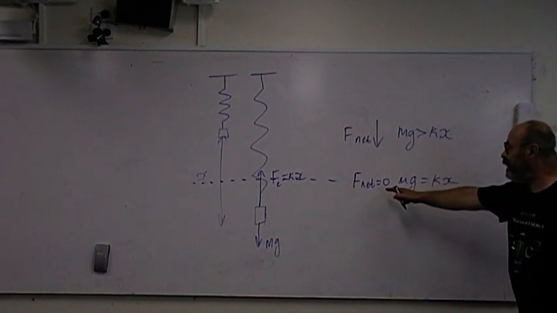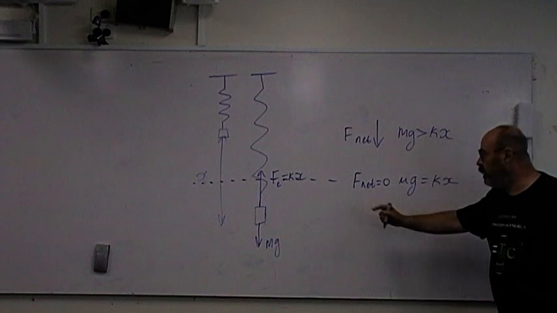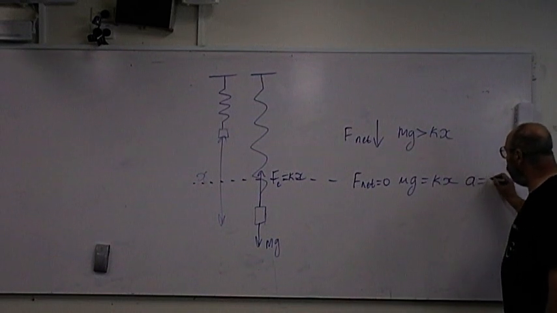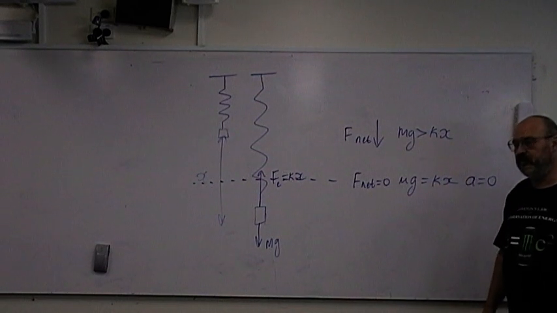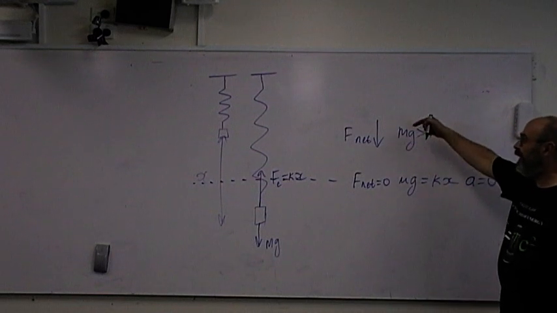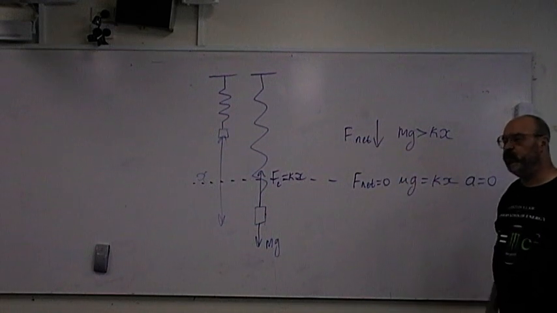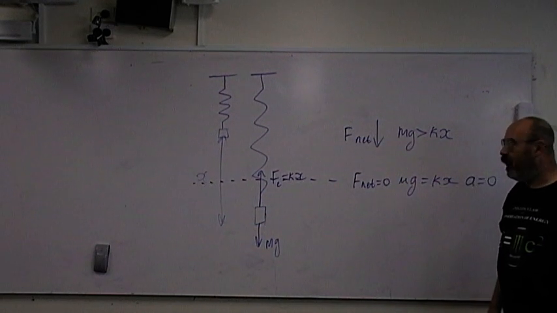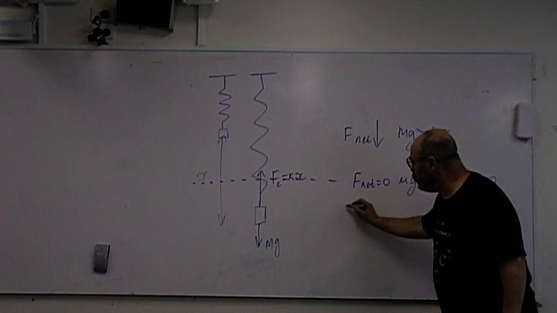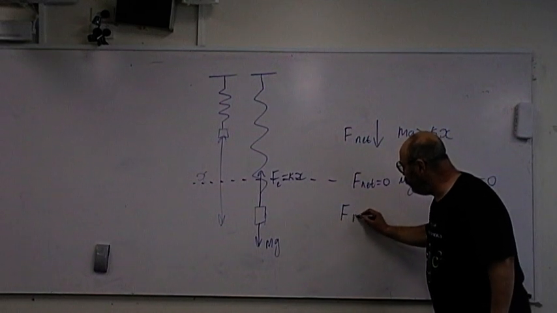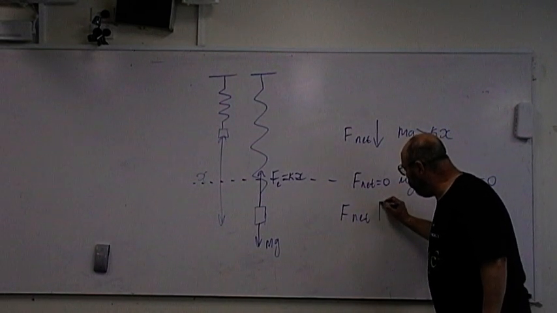Because net force is 0 here, acceleration in the middle is 0. So it's accelerating down from the top to the middle. And then when it's past the midpoint, the F net will be up.